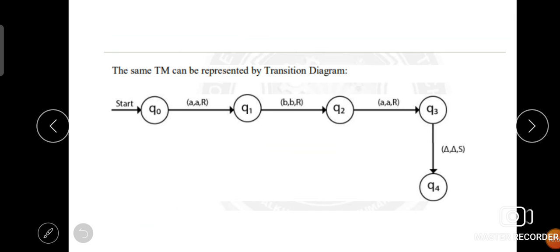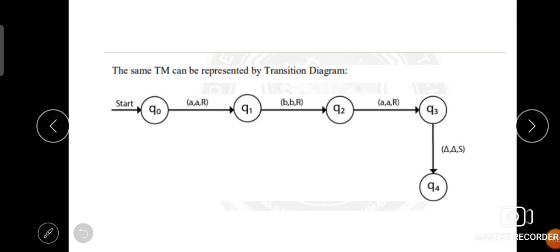Now we can also draw the state transition diagram for the given Turing machine. The same operation will be represented in a diagrammatic manner. First of all, we have derived the state transitions. The same state transitions are represented in the table, and we can also represent them diagrammatically.